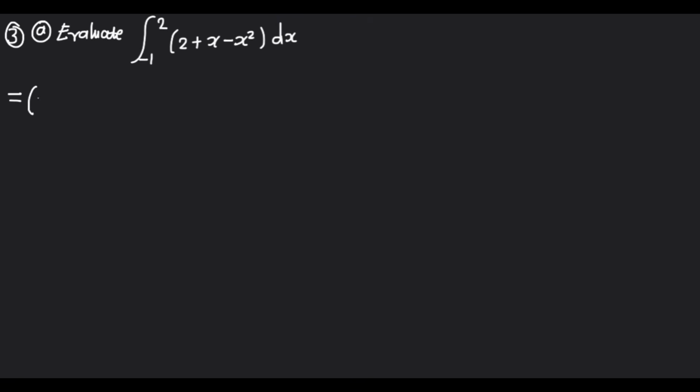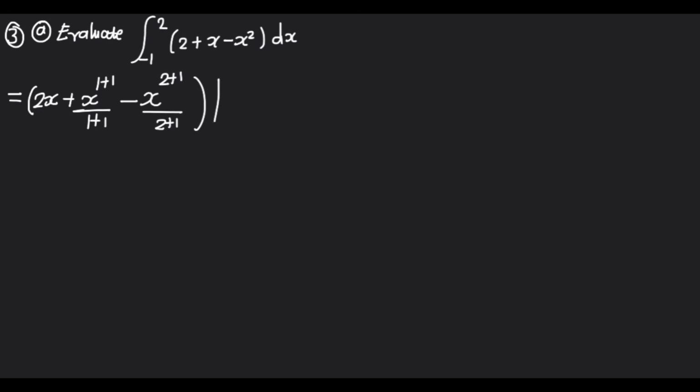So the 2 becomes 2x. So the integration is just the reverse of the differential calculus. So 2 becomes 2x. Then for x, we can see x has the power of 1. You add 1 over 1 plus 1, minus x has a power of 2. So 2 plus 1 over 2 plus 1.